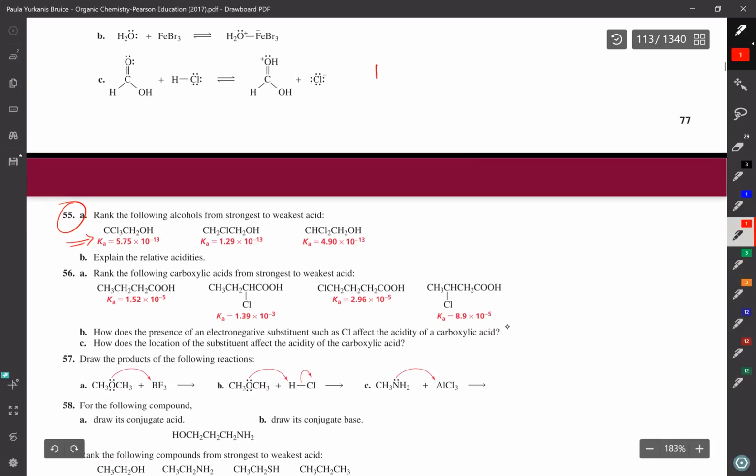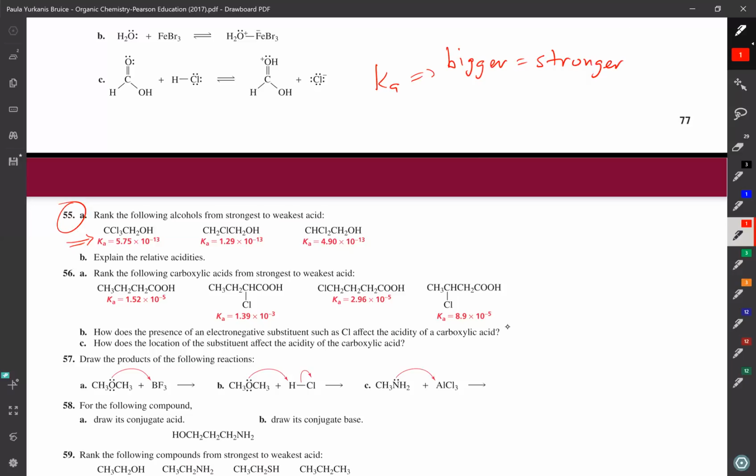The Ka value is what we call the acid dissociation constant. With the Ka value, the bigger the Ka value, the stronger the acid, and the smaller the Ka value, the weaker the acid.